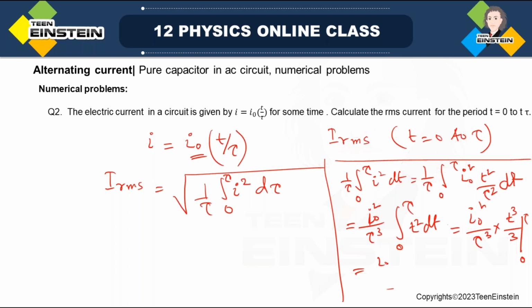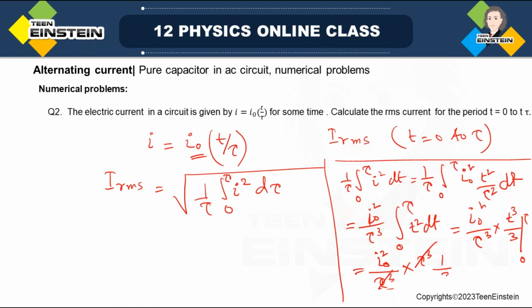So I0 square divided by tau cube, then you have this tau cube also, so this will cancel each other.